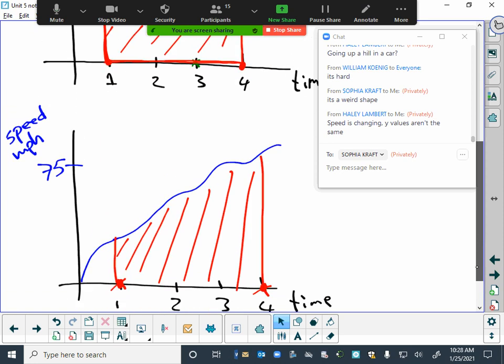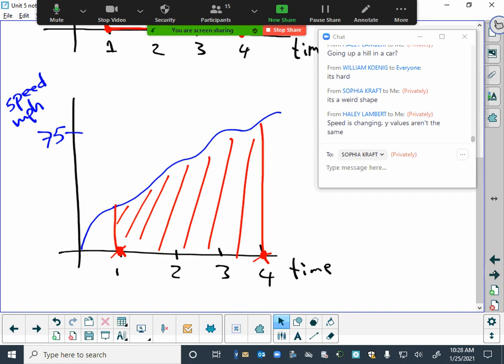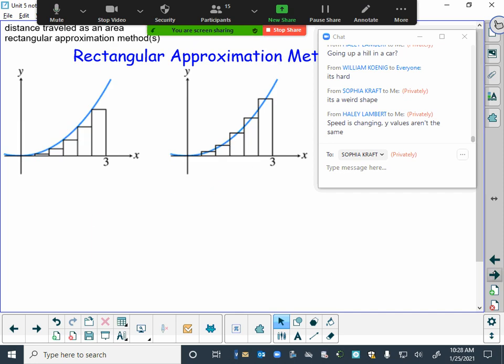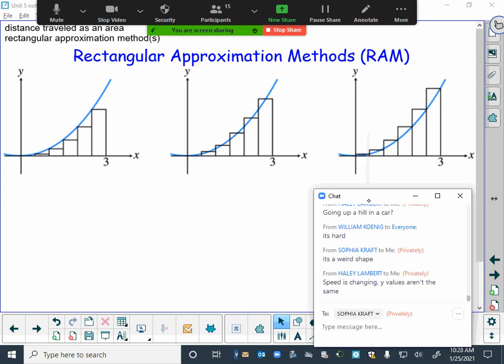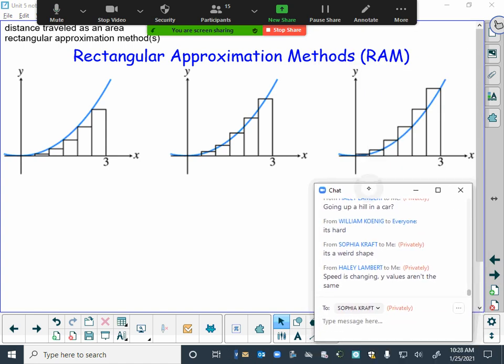So that's how we're getting started here. Okay. The rectangular approximation method. I've got a few of them up here. What the rectangular approximation method says is, what if we're trying to find this area that's trapped here.